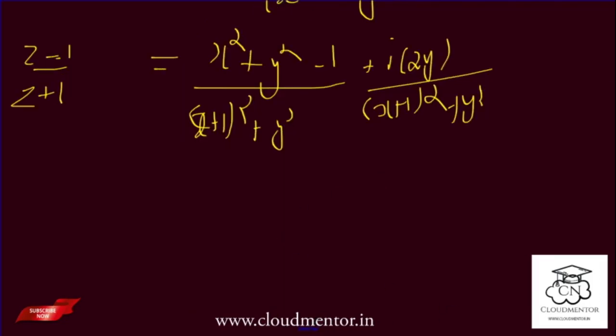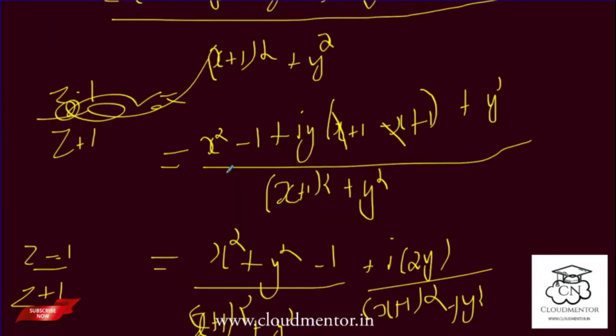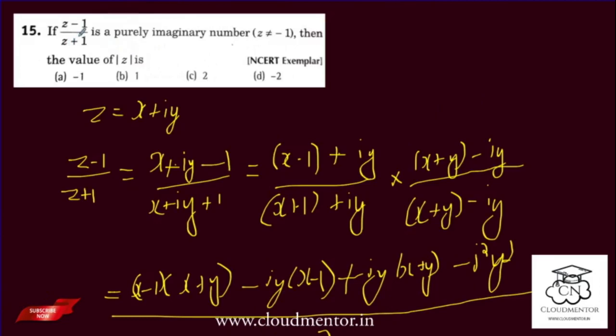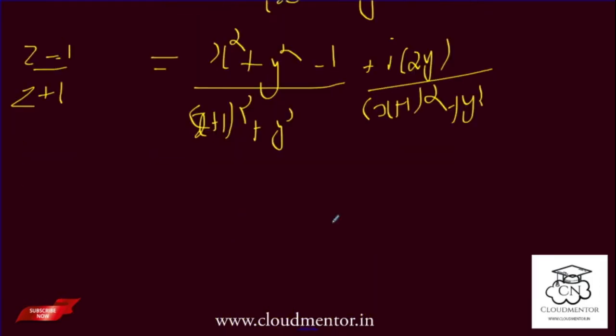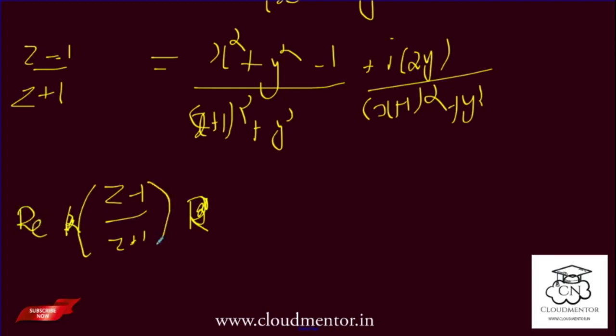So that's it. And now we know that in the question this expression is purely imaginary. That means z minus 1 by z plus 1 is purely imaginary. So I can say that the real part of z minus 1 by z plus 1 is equal to 0.